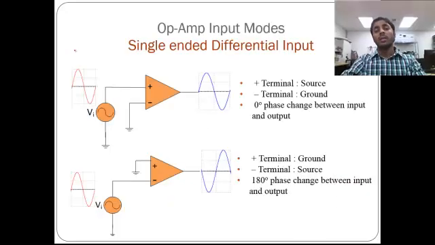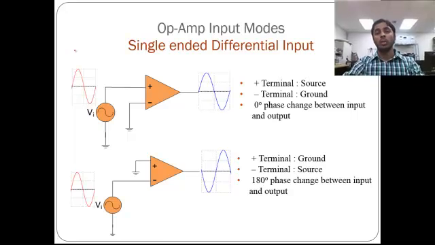So let's look at how to connect these operational amplifiers, because an operational amplifier has two input terminals. How many input terminals are we going to use: one input terminal, two input terminals, or both? It depends upon the mode in which the operational amplifier is connected.